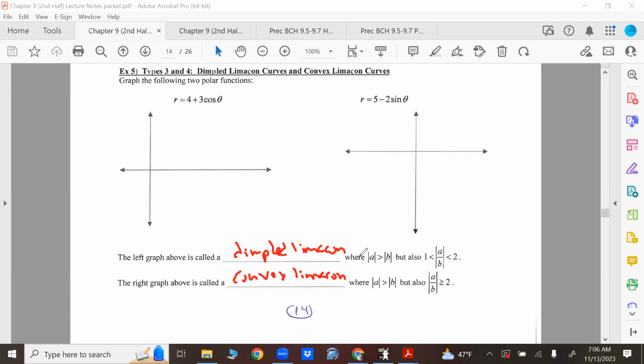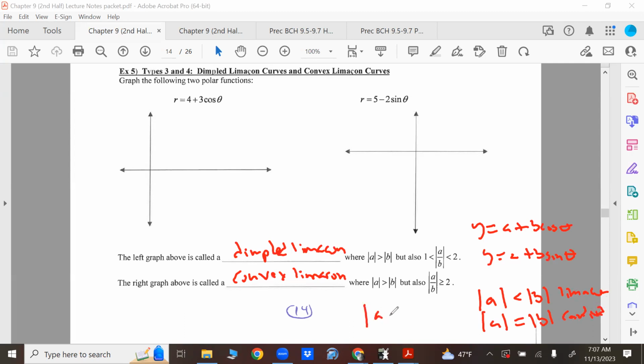And again, generally speaking, we're talking about r equals a plus b cos theta, or r equals a plus b sine theta. And for limacons, we had this going on here, right? The absolute value of a was less. That's for a limacon. Where for the cardioids, we had this: the absolute value of a equal to the absolute value of b.